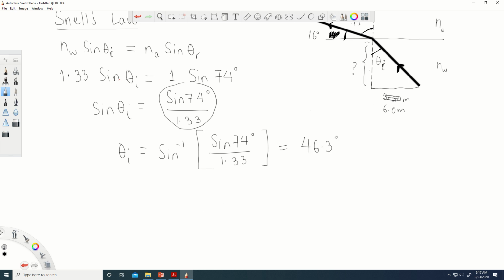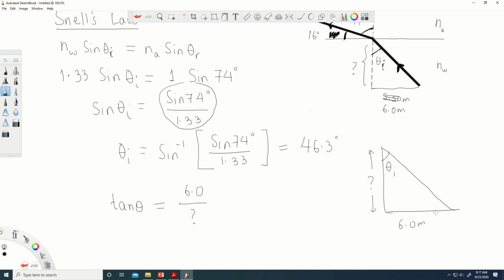Now look at this triangle. So we have this triangle. That's theta I, and that's 6 meters, and this is unknown. In this triangle, tan theta would be opposite, which is 6 meters, over the base, which is the question mark.